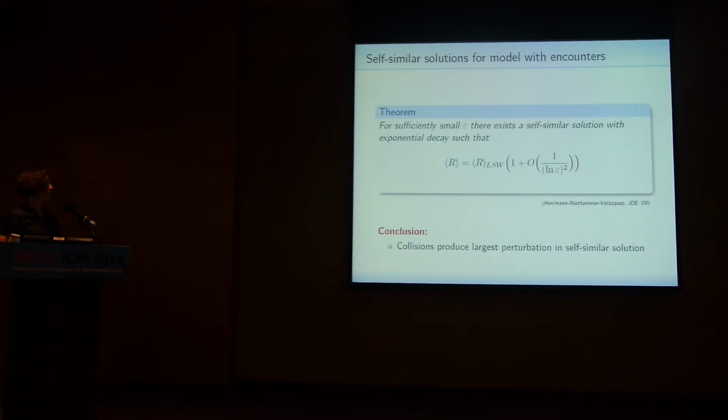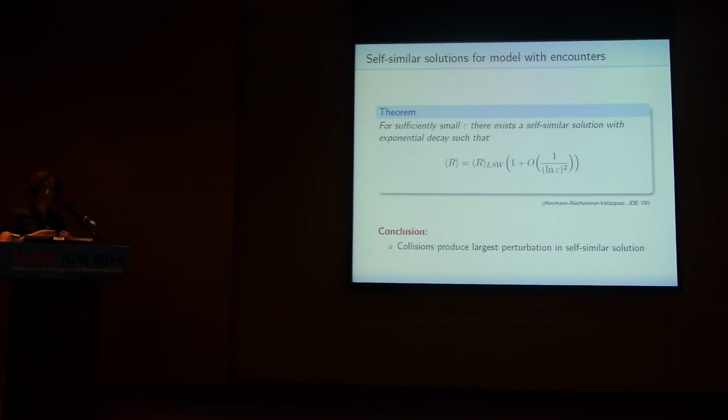Even though in the equation for f the correction is epsilon, the correction to the average radius is much larger, it feels like 1 over log epsilon squared. We were first quite surprised, but if you think about it for a while, there's actually a non-technical explanation for that fact. If you recall what I said about the mean field theory, the long-time behavior is dominated by the largest particles in the system.